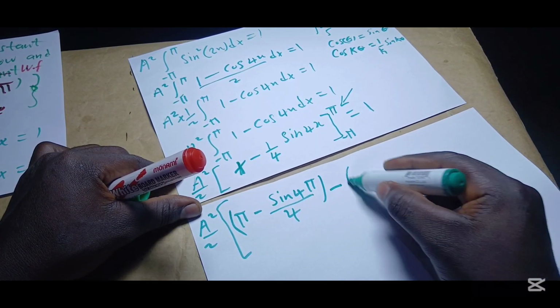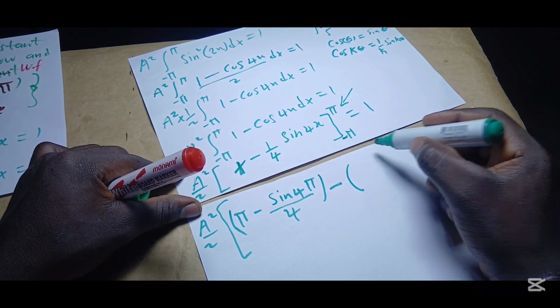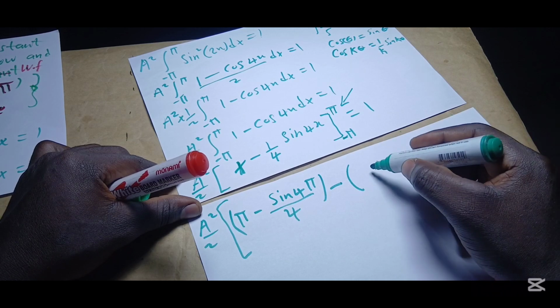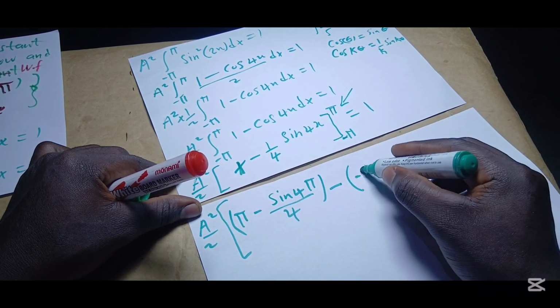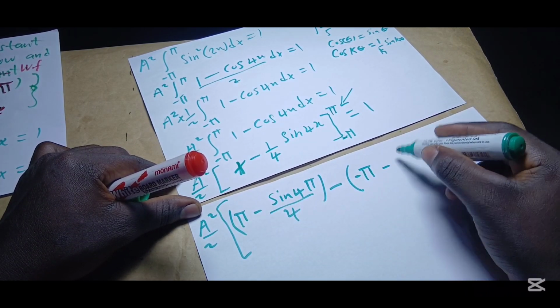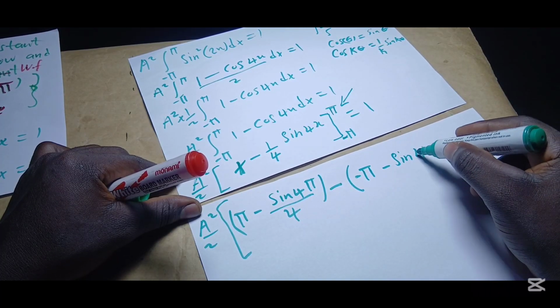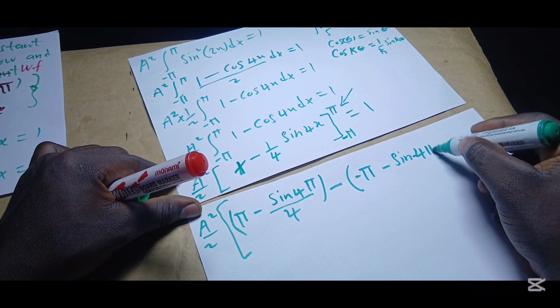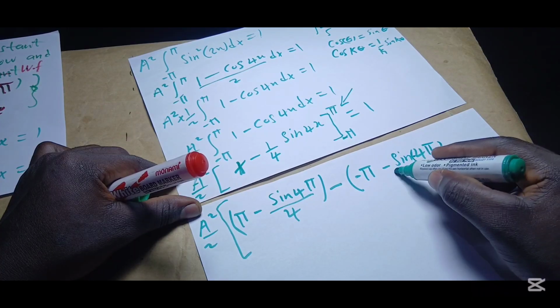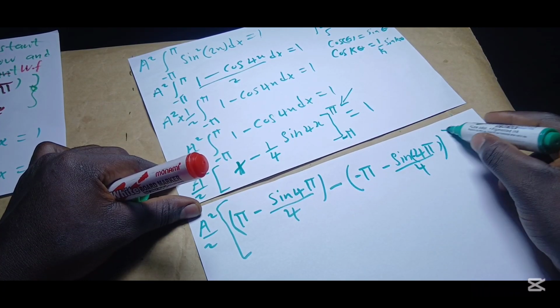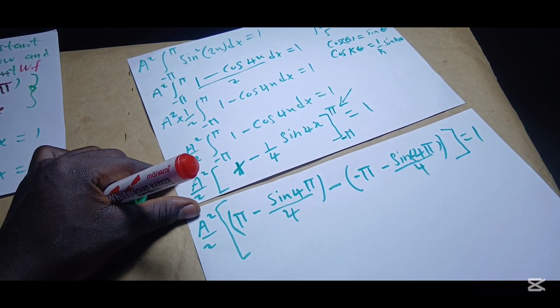Then minus bracket, we put in our lower limit, which is minus pi. Wherever we see x, we put minus pi there. So x, which is minus pi, minus sine 4x, which is sine 4 times negative pi, so this will become negative 4 pi, all over 4, close bracket, equal 1.